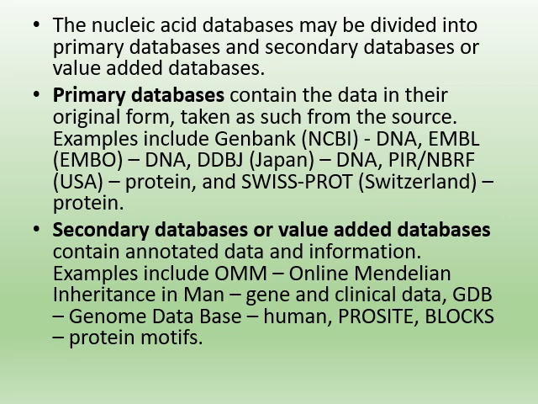Secondary database or value-added database contain annotated data and information. Examples: OMIM, Online Mendelian Inheritance in Man, gene and clinical data; GDB, Genome Database, which contains human data; and PROSITE blocks, which have protein motif information.